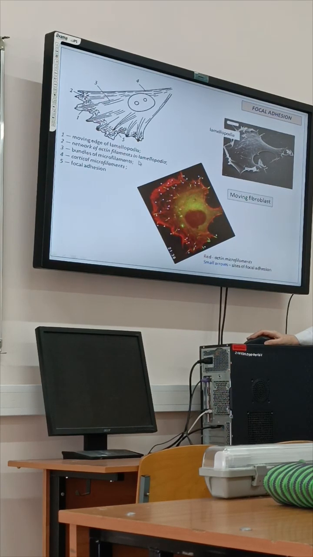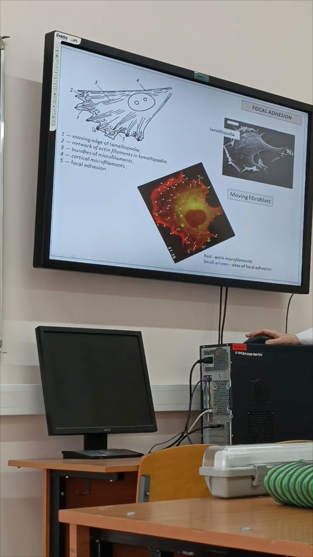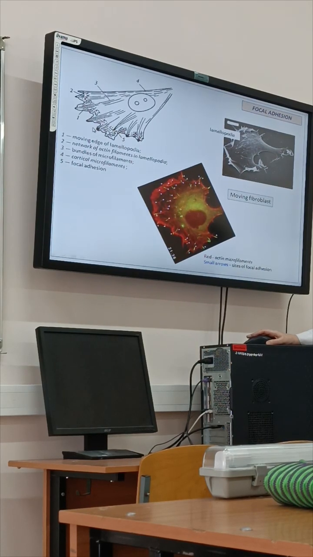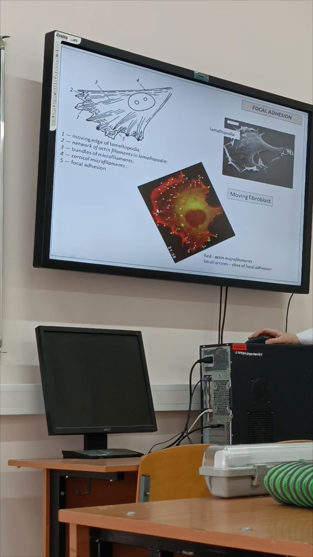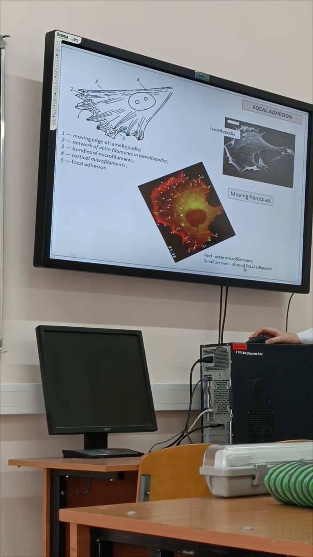Such focal adhesion, where microfilaments take part, and look please, red color, for example here, actin microfilament, small arrows sites of focal adhesion. This is, you can see, lamellopodia.